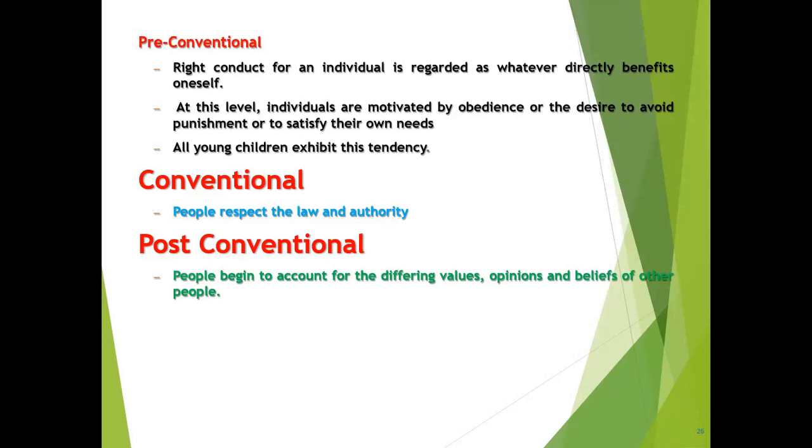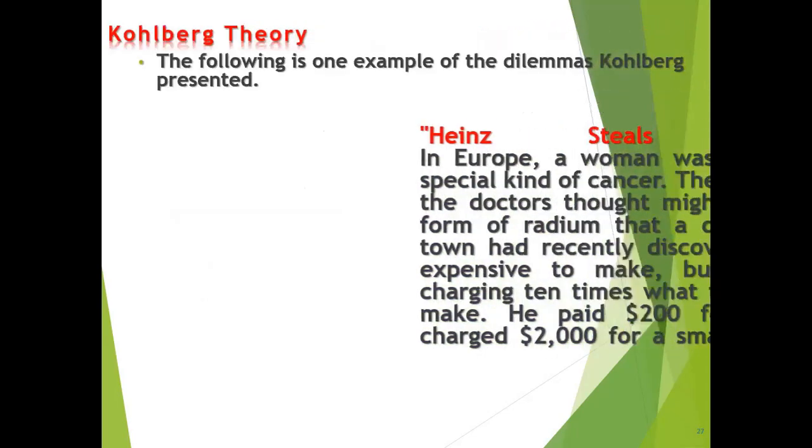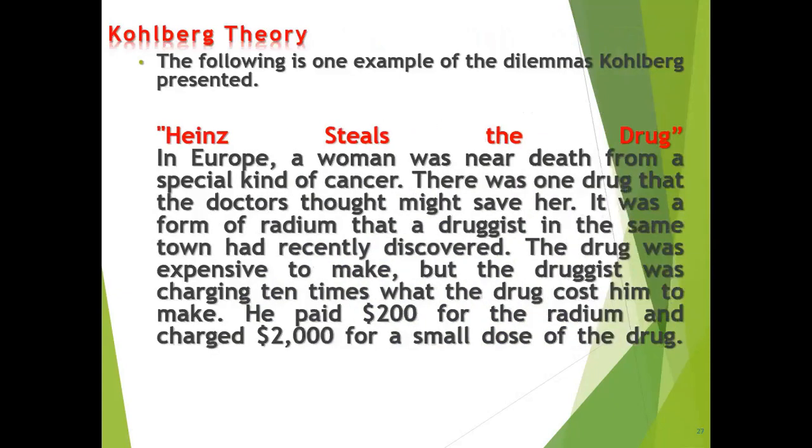They reject the rigidity of laws, and they have some sense of justice. They think on their own, and they have some sense of justice. Based on this, they have their moral thinking and their behavior. So this is an example of Kohlberg's theory.